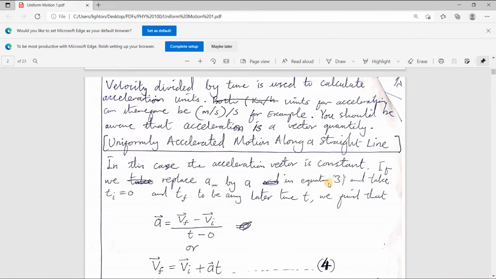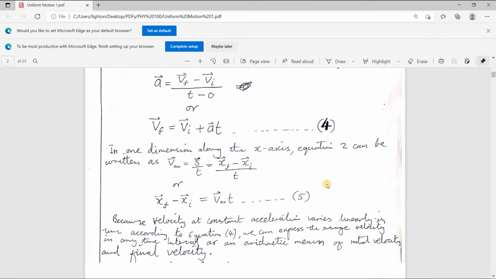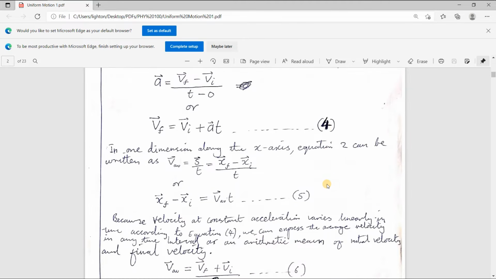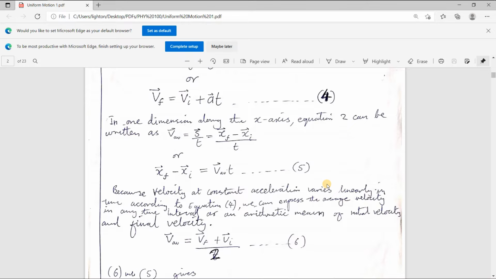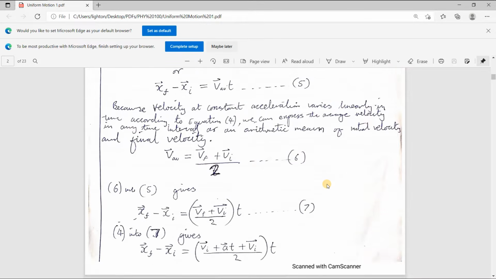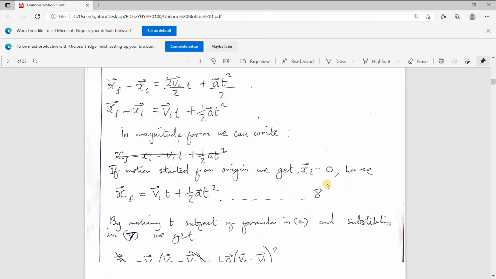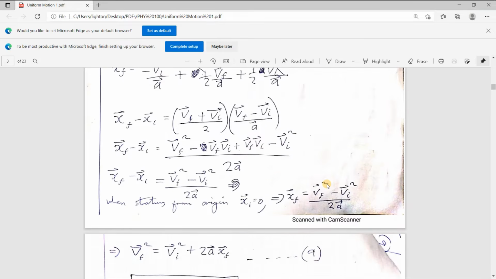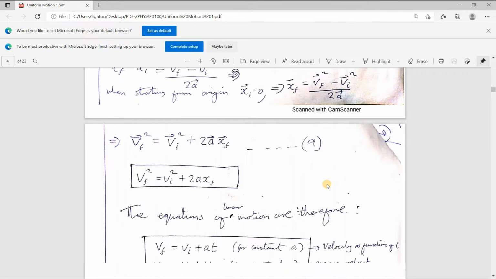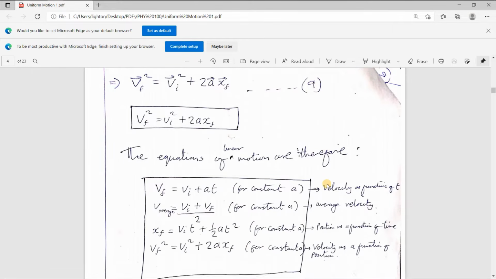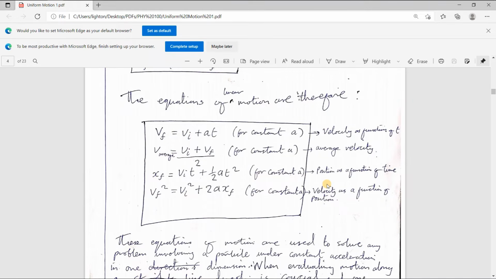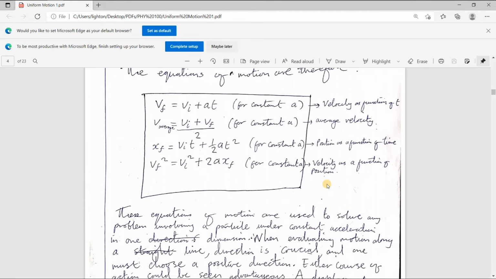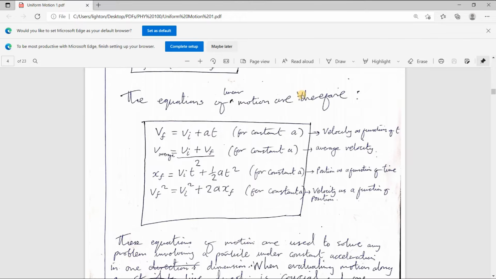This part going down here shows the derivation of the equations of motion, the fancy equations of motion. You can check out the derivations on your own.